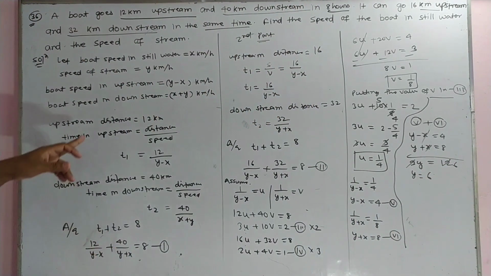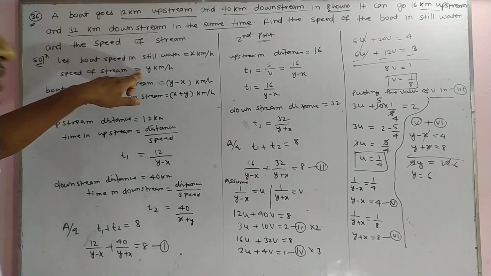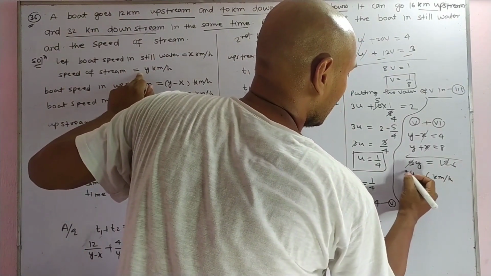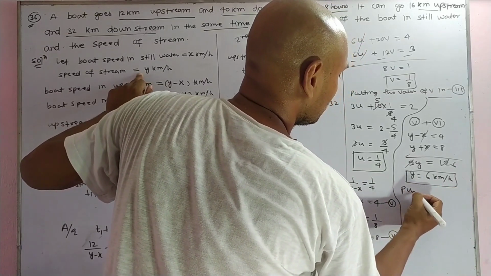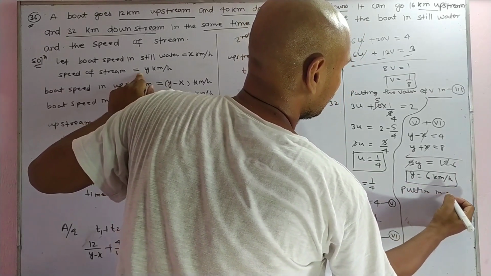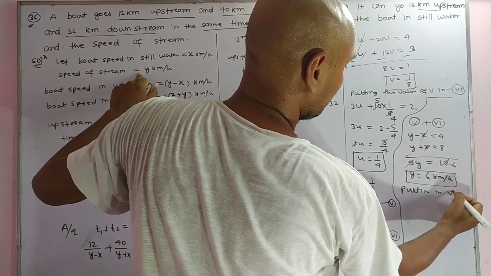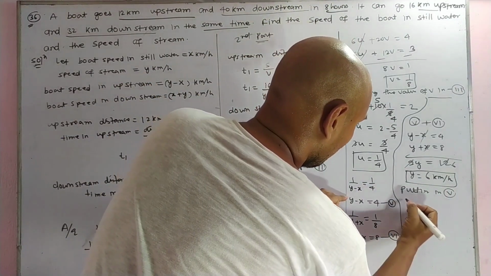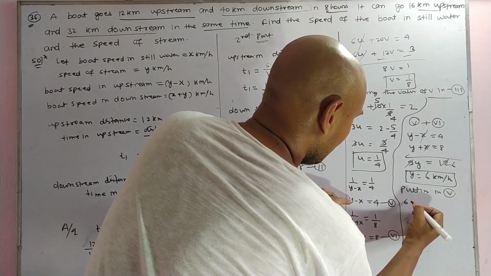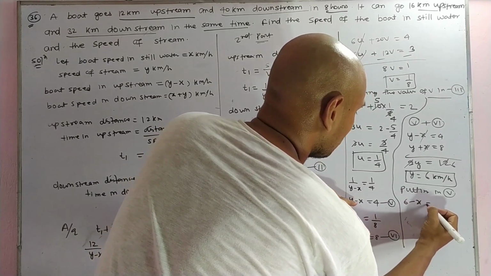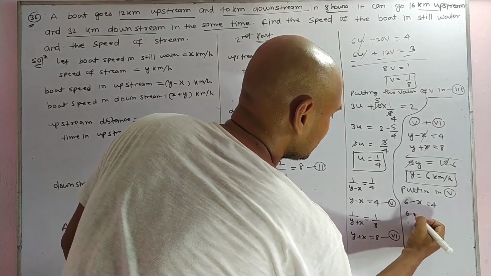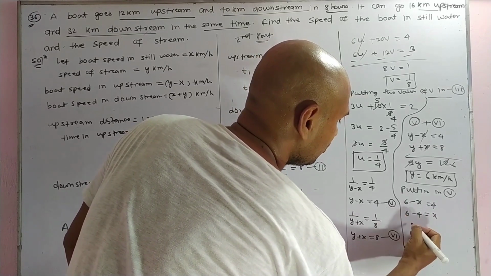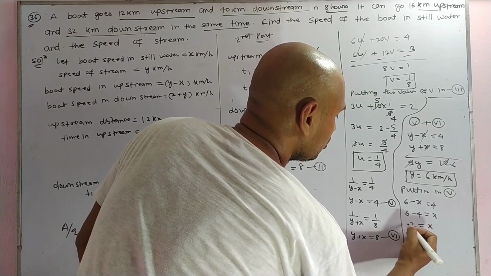You assumed that this is the speed of stream, that is y equal to 6 km per hour. Putting it in equation number 5, you get 6 minus x equal to 4, then 6 minus 4 is equal to x, that is x equal to 2.